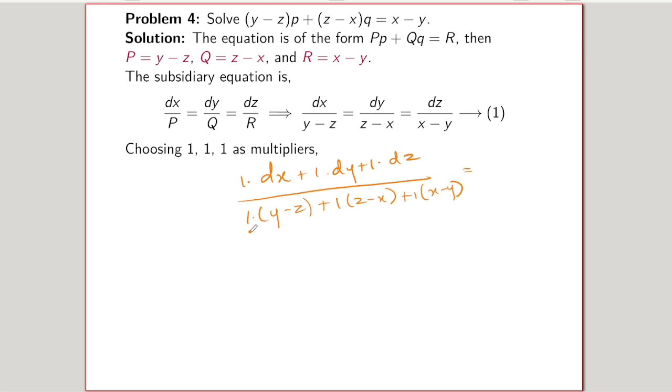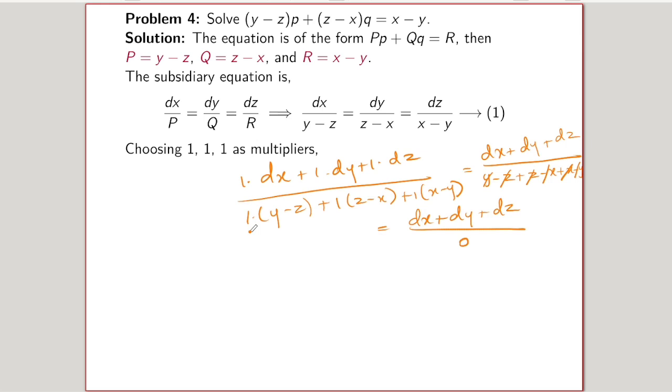So this is nothing but dx plus dy plus dz divided by y minus z plus z minus x plus x minus y. So minus y plus y will get cancelled, minus z plus z will cancel, and minus x and plus x will be cancelled. So this can be written as dx plus dy plus dz divided by 0.